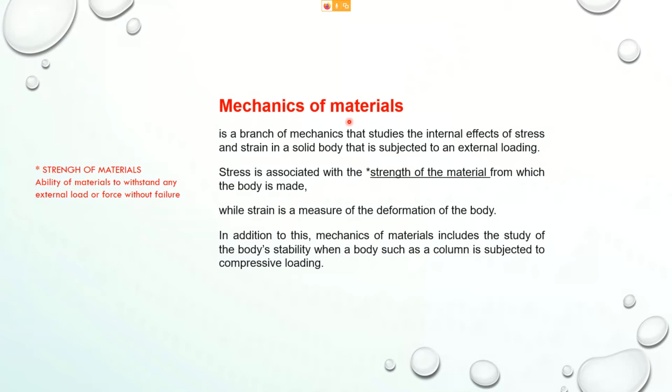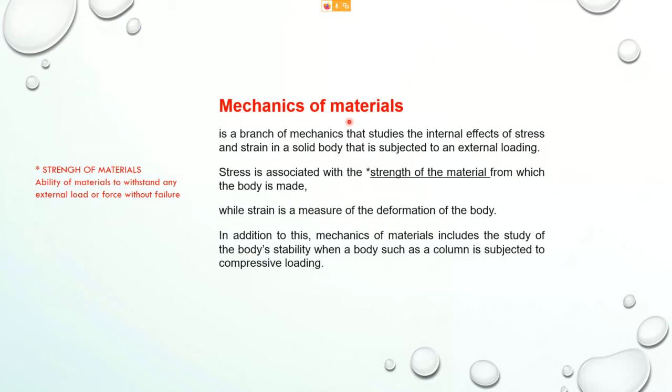Now, what type of engineering students will be doing this subject? Mechanical engineering students, because they will be dealing with the design of machine parts, machine components, and so on. Civil, architecture, and QS students also will be doing this subject. Especially civil, they will look at the ability of structures like beams, columns, bridges, buildings, and joints, how much stress and load they can withstand.